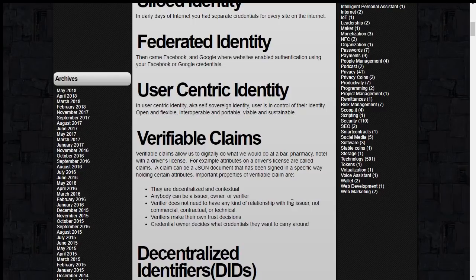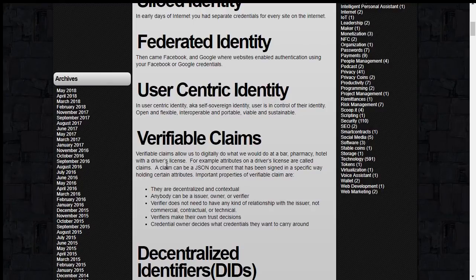So you just, on your phone, say, share my verifiable claim with this individual. They look at the verifiable claim. It has a picture on it, and it says, XYZ person is over 18 years old. Done, and that's it. So in that case, you have not shared more about yourself. You shared just enough information to provide that particular service.